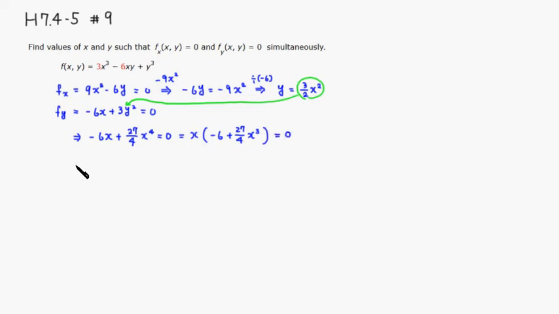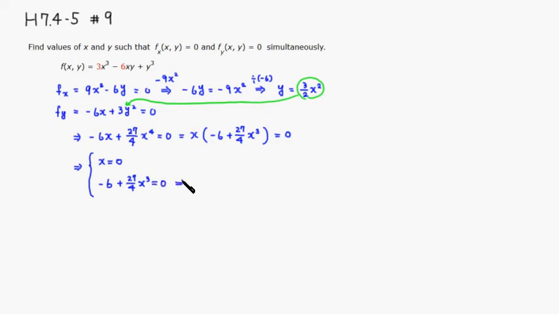The first one is pretty easy: x equals 0. The other one, we have to set negative 6 plus 27 over 4 x cubed equal to 0.